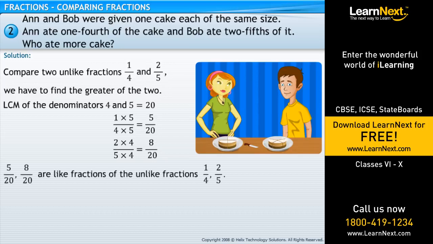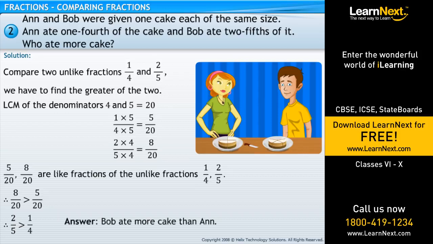This gives us two like fractions, 5 upon 20 and 8 upon 20, for the unlike fractions 1 upon 4 and 2 upon 5. In like fractions, the fraction with the greater numerator is greater. Therefore, 8 upon 20 is greater than 5 upon 20. And so, 2 upon 5 is greater than 1 upon 4. So Bob ate more cake than Anne.